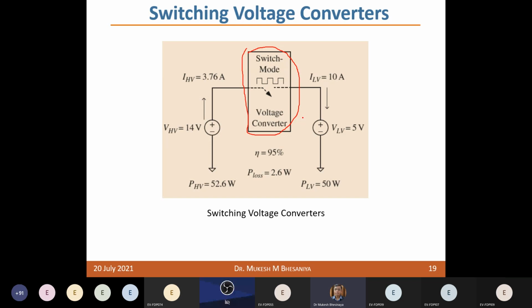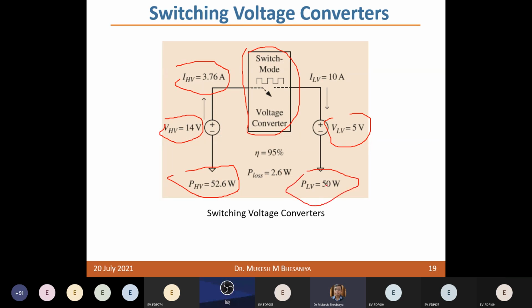So in comparison with the linear regulator, here the voltage is the same, 14 volt input and the output voltage is the same, 5 volt. The input current is 3.76 ampere, whereas the power is 52.6 watt, and the output power requirement is the same, that is 50 watt.